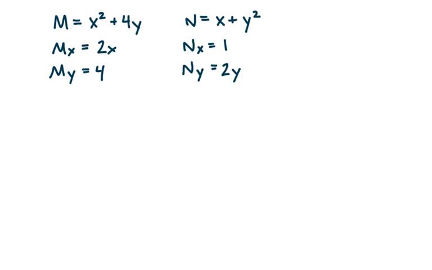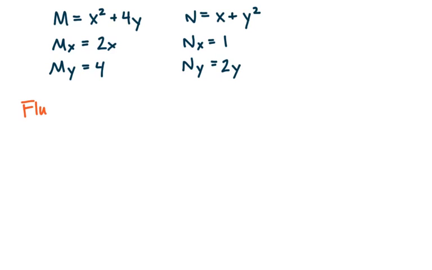So setting this up, my flux integral is the double integral over my square region, I should say, of M sub x, 2x, plus N sub y, 2y, dA.